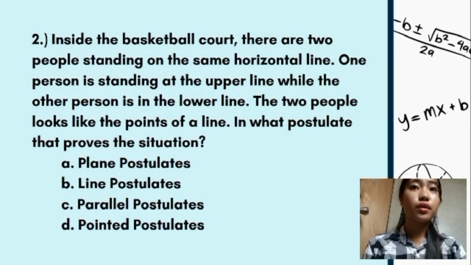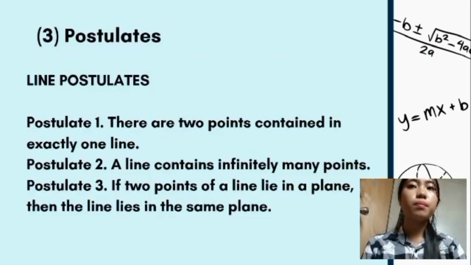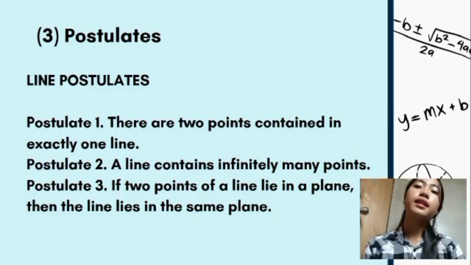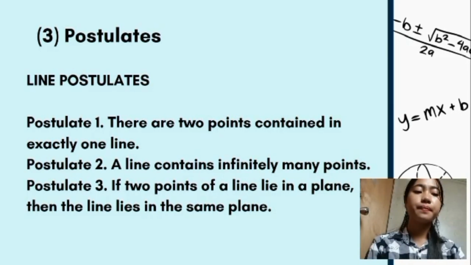We can consider the two people standing on the same line as the points of a line, so that proves postulate 1. Postulate 2: a line contains infinitely many points. Postulate 3: if two points of a line lie in a plane, then the line lies in the same plane.